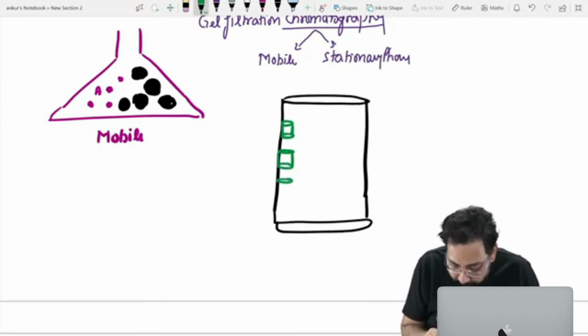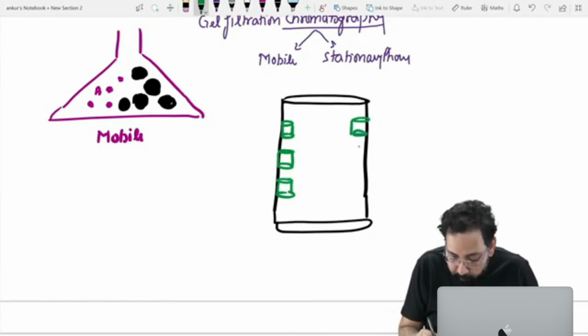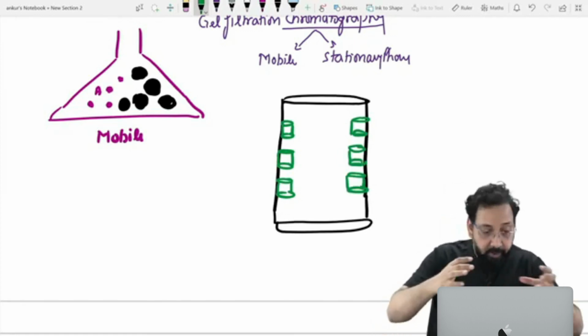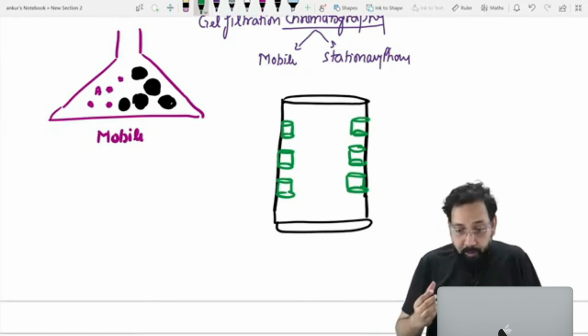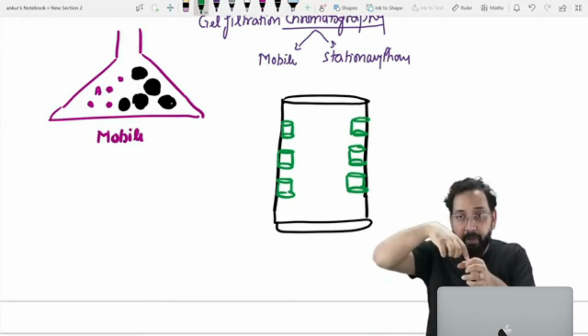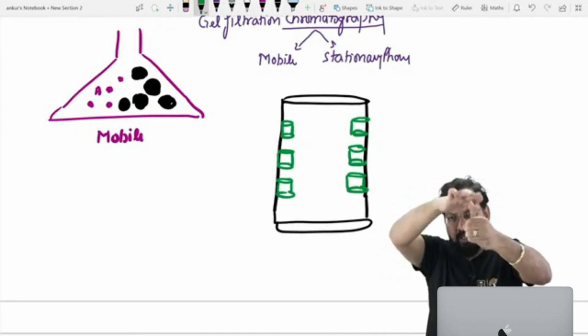To simplify, I put it on the wall. What is a gel molecule? This gel molecule is like a channel, in which there is a gap.